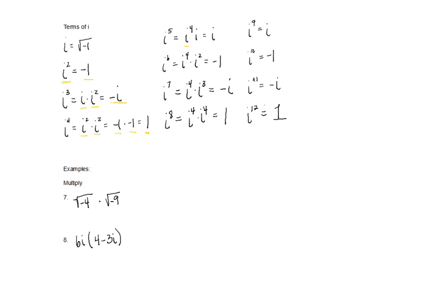So we have i to the 8th, break that up into i to the 4th times i to the 4th. i to the 4th is 1, 1 times, obviously, 1. And as you can see, it just continues there. So i to the 9th is i, i to the 10th is negative 1, i to the 11th is negative i, i to the 12th is 1. So if we continue to go, it's just going to go in factors of 4. i to the 13th is going to be i, i to the 14th is going to be negative 1, and so on.